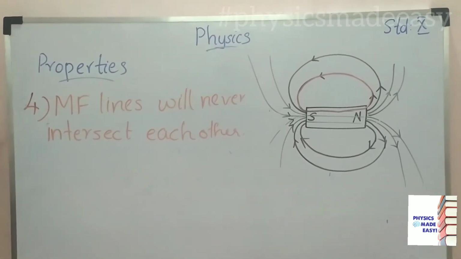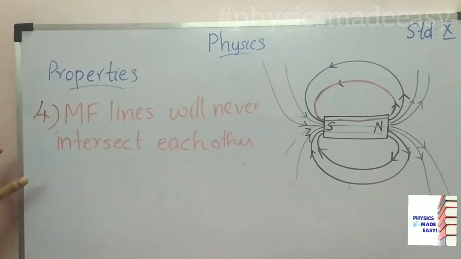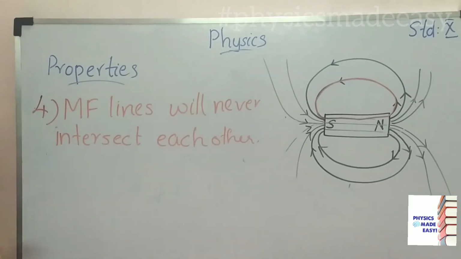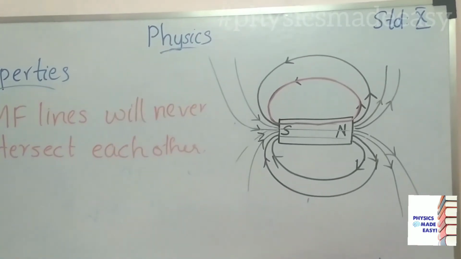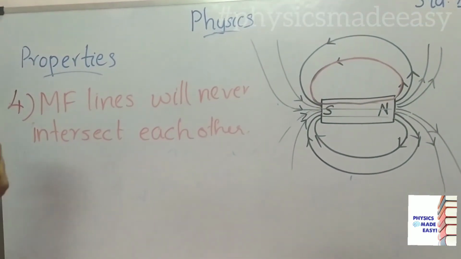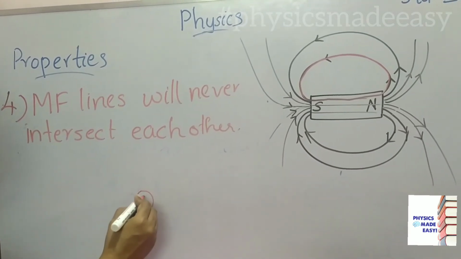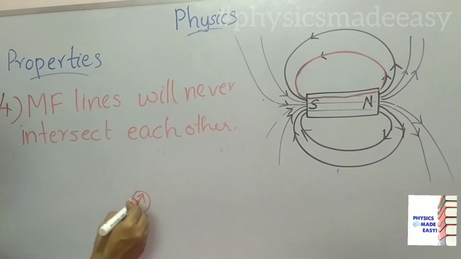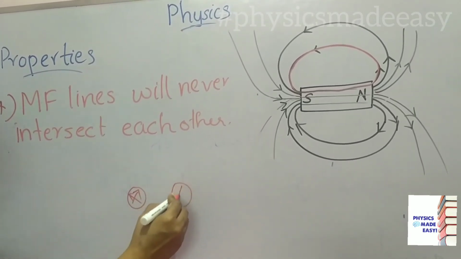The next property that is very important: magnetic field lines will never intersect each other. How can we say that? Here you can see all these lines are not intersecting. If magnetic field lines could intersect, then a compass at a point would show two directions. Is that possible? No. If you place a compass at a point, it has to show only one direction.